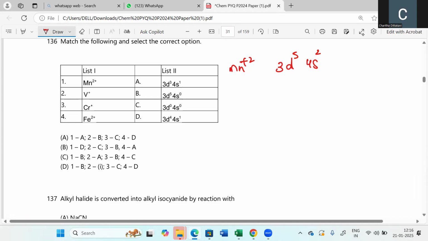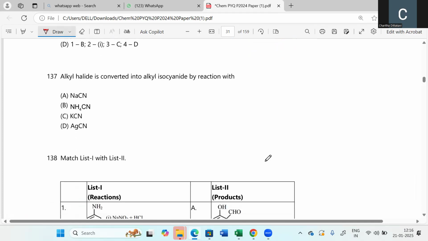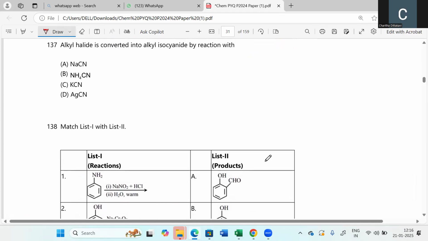But you have to remove 2 electrons definitely. Then Mn +2 will be 3d4 and 4s1. Option D here. 136, right? Then vanadium, all this is configuration based only, you can still do this. We don't need to worry on this part. Configuration based, remember, you should be able to write the configurations up to 30.